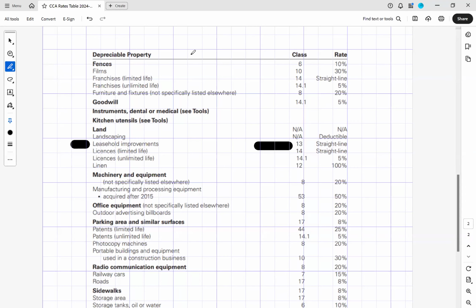Even though the CCA rates table gives us a nice summary of all the major types of assets and the class and rate they go on, the table doesn't always give us the necessary formulas. So I'm going to go back to the Excel document and show you how we deal with class 13.